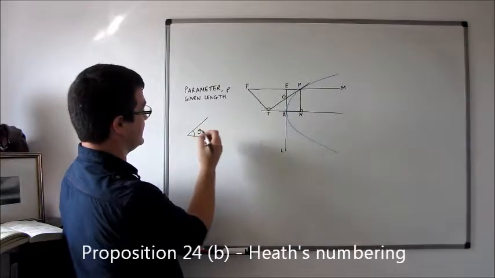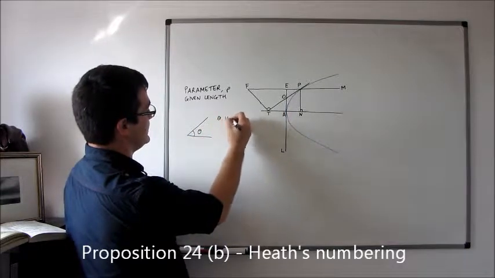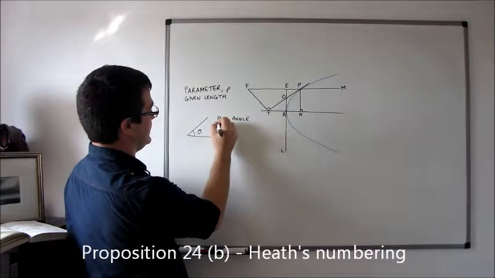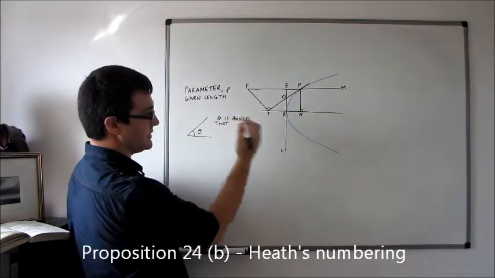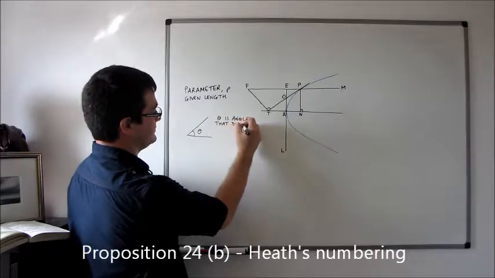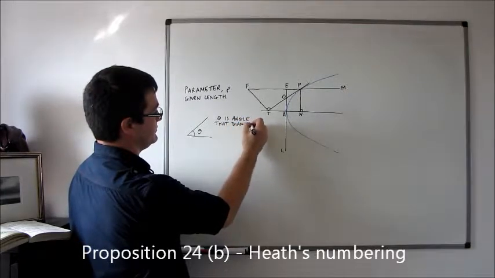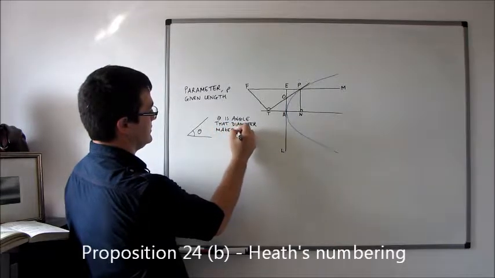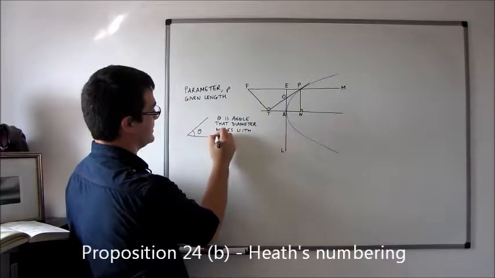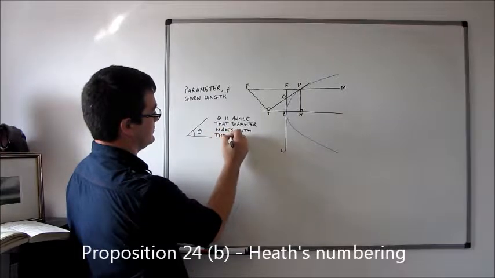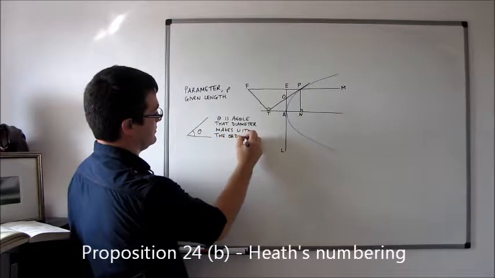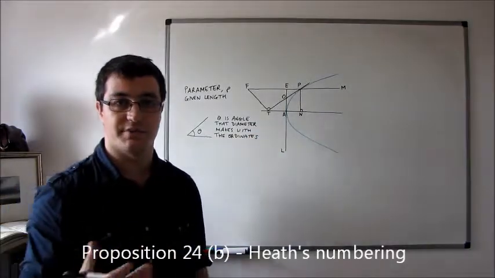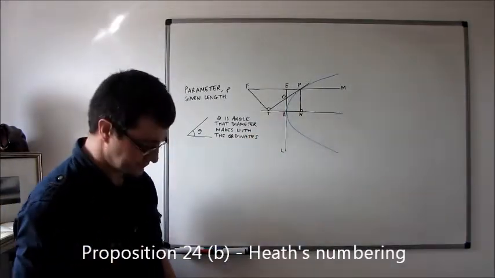So theta is the angle that the diameter makes with the ordinates. Okay, and in this case we're assuming that theta is not a right angle.